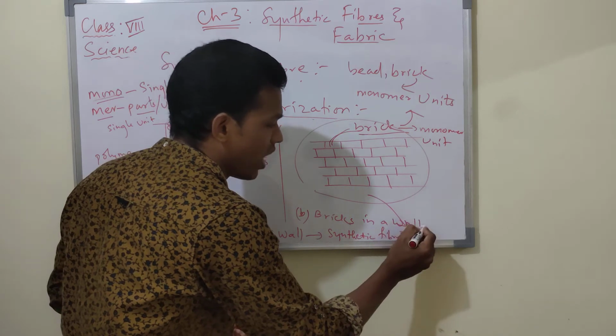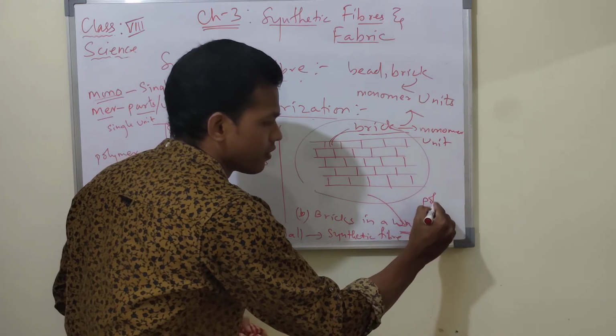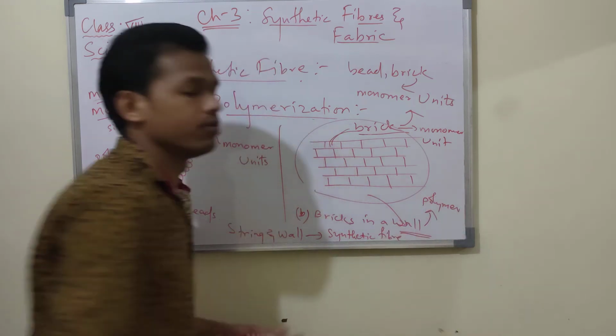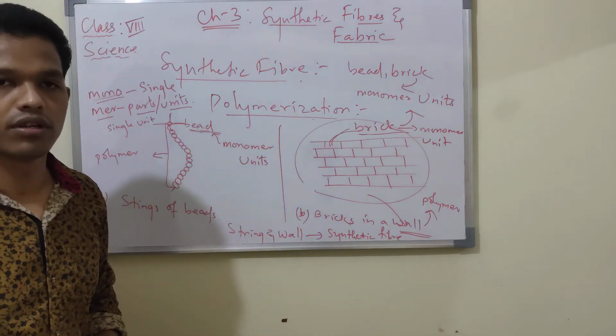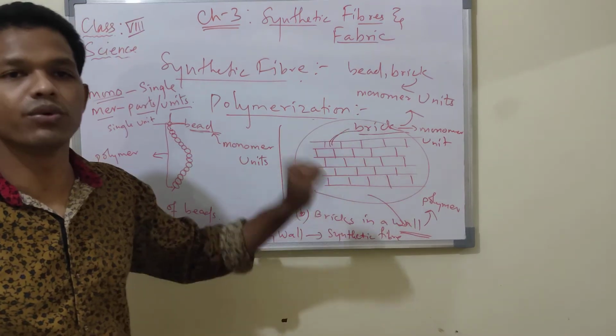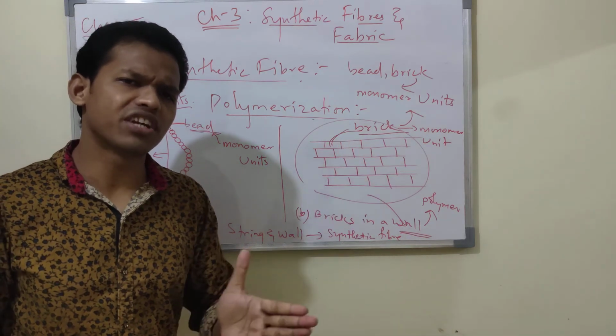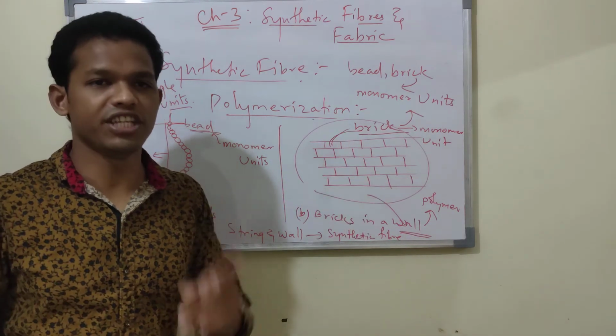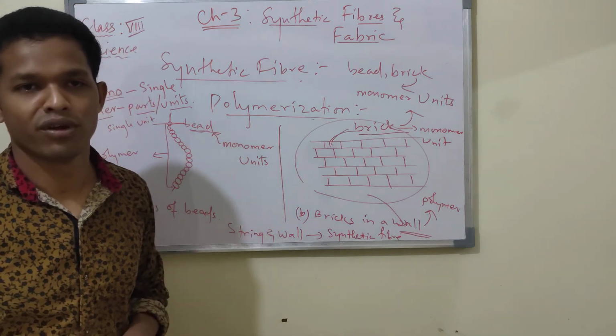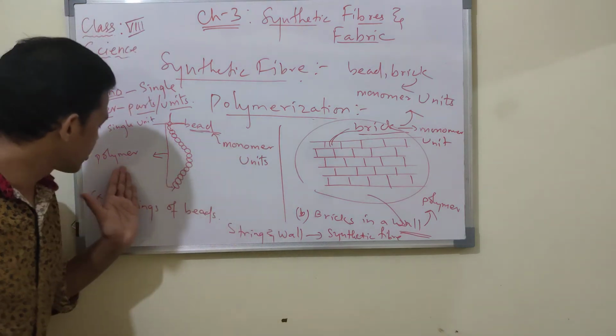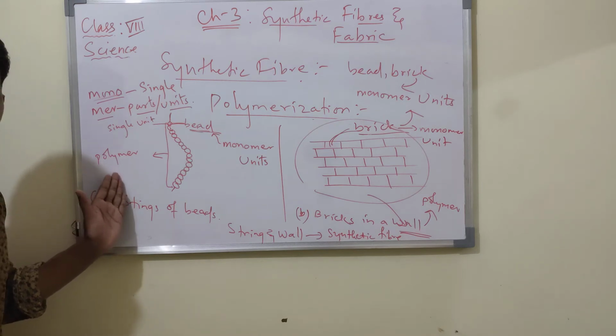This wall represents a polymer unit, a large single unit. Small parts are combined together to form a large single part. That is known as polymer. So I hope you understood the meaning of polymer.